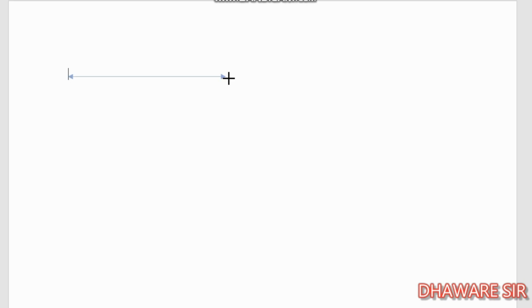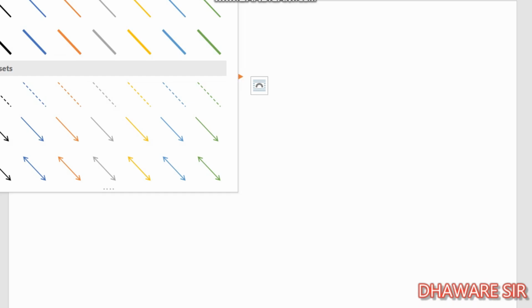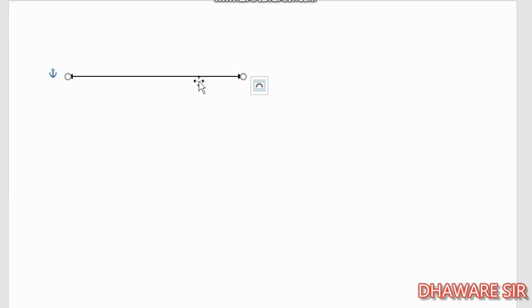This is our first line. Then we can draw the second line also here, and the third line for the transversal.